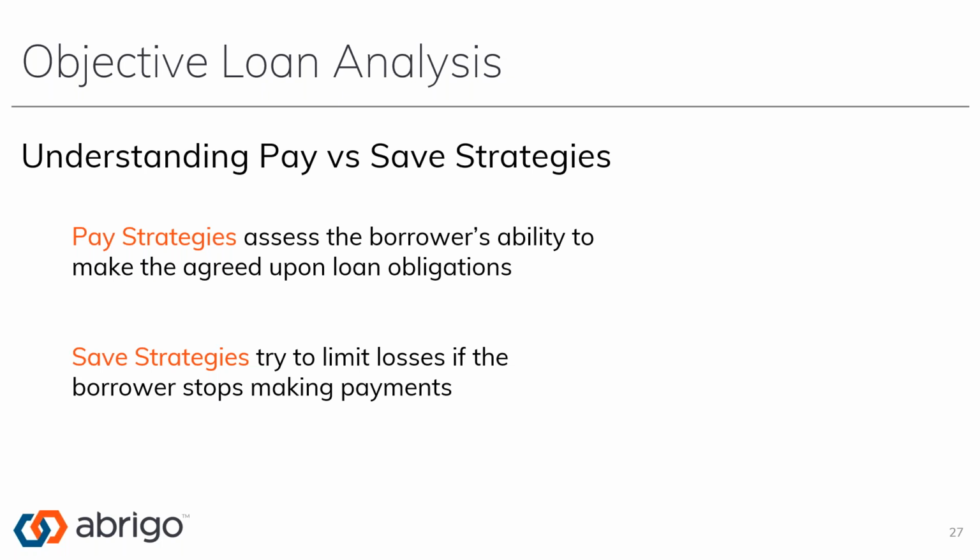So bad things happen. A save strategy is typically my loan to value, right? It's a collateralized loan. I can at least go get the real estate or the inventory, sell it, and mitigate some of my losses. Or I can call a guarantor and say, hey, the main borrower quit making the payments. Can you step in and help us out here? Those are really save strategies versus pay strategies.